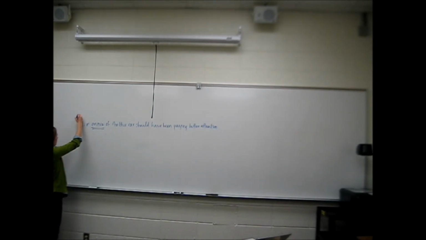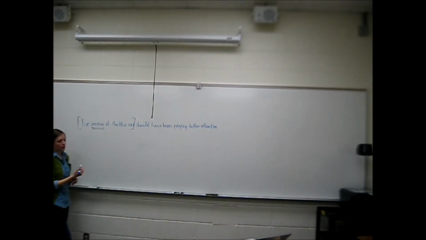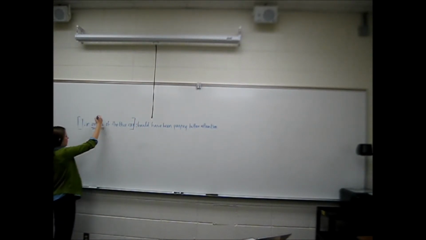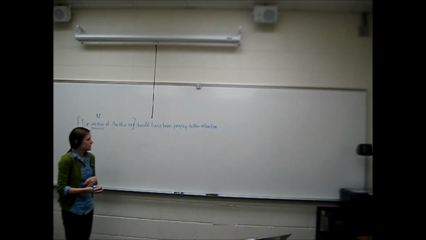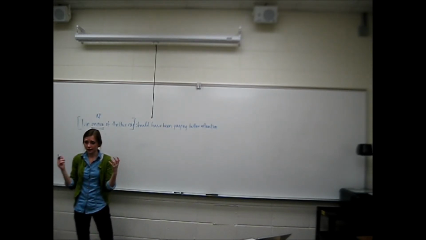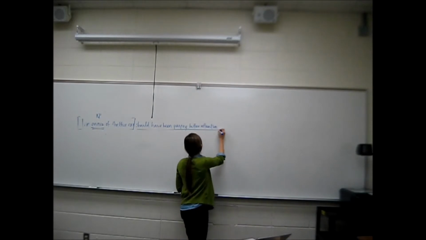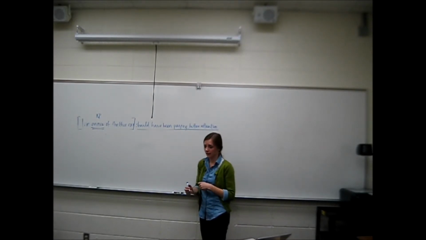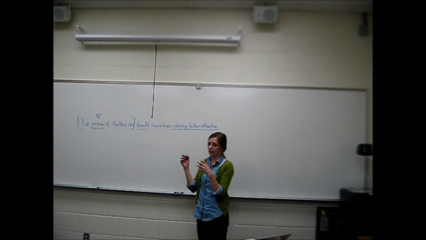So this here, the owner of the blue car, is going to be your noun phrase. And in the broad definition of verb phrase, your verb phrase is going to be the entire rest of the sentence.